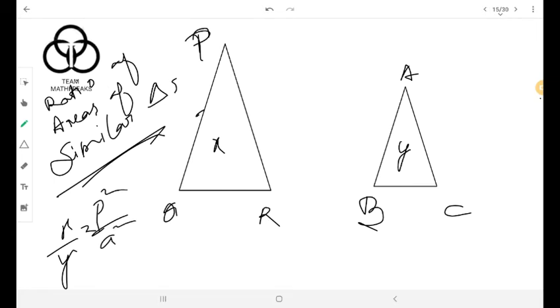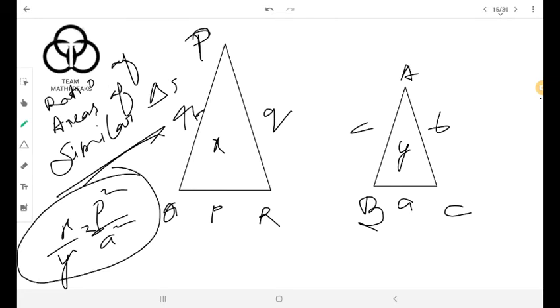Generally, the side opposite to the angle is denoted by the small letters, okay? P, this is Q, this is R. These are the general conventions. I hope you know this. Okay, this is our relation between ratio of area of similar triangles.